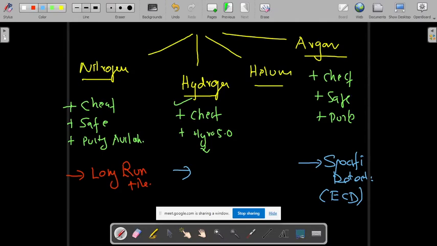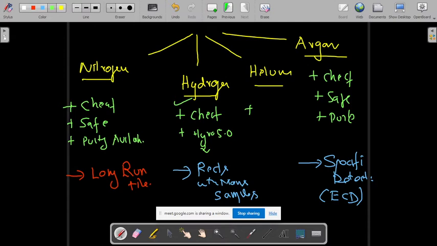Basically it reacts with many samples. It can be explosive, but under the conditions of gas chromatography normally it will not be like that, but it reacts with many samples. So inertness is what restricts hydrogen. But it is the most preferred choice for carrier gas. And the third one is helium.